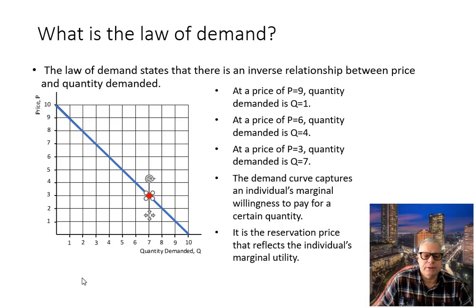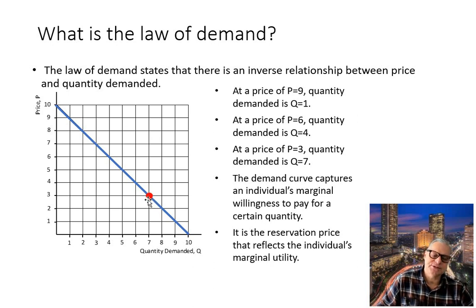So what happens is that the demand curve captures an individual's marginal willingness to pay for a certain quantity. So where does quantity demanded come from? Why is it that the more you have already consumed, people pay less?